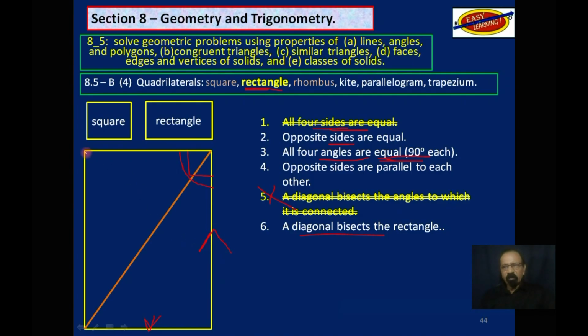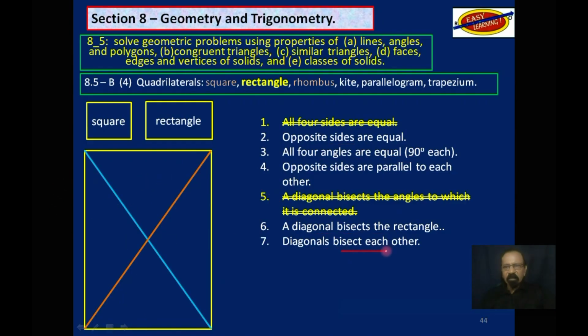That would be the area of a rectangle if you find length times breadth. But if you find half of that, you will find the area of a triangle. That is why you say area of a triangle is equal to half base times perpendicular height, because it's half of the rectangle. So that blue line also bisects the rectangle.